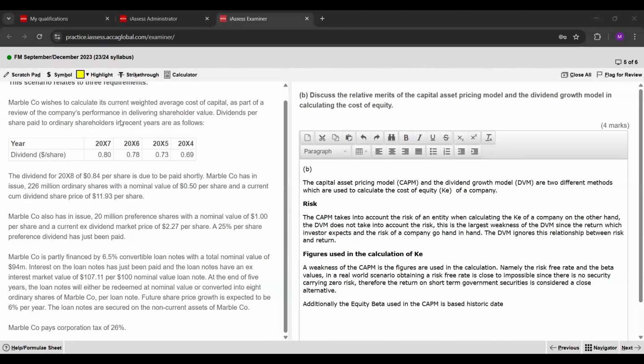So you cannot calculate the future cost of equity using past figures. That is not a reasonable assumption. Okay. Therefore, it cannot be said to be an accurate representation of the current or future risk.